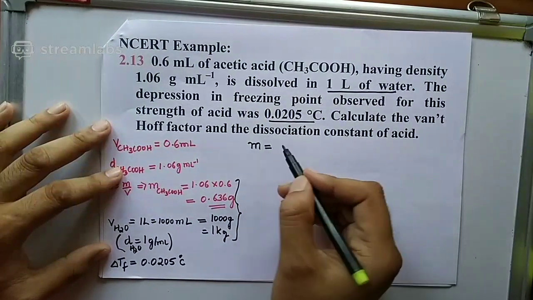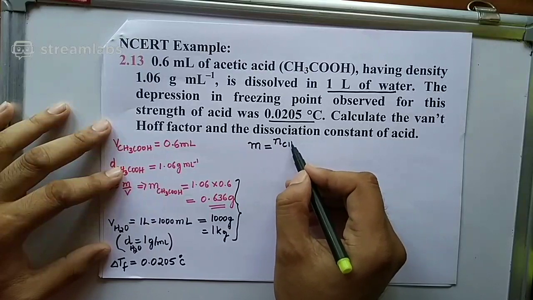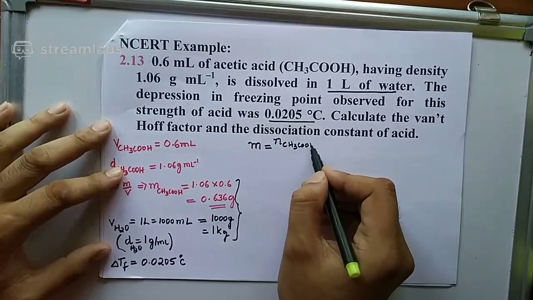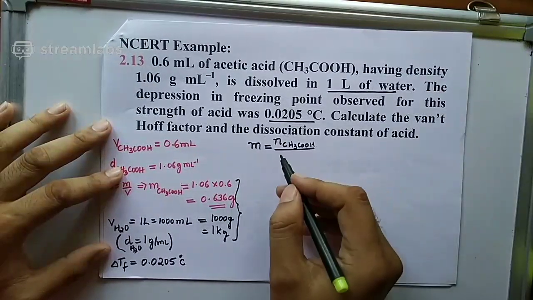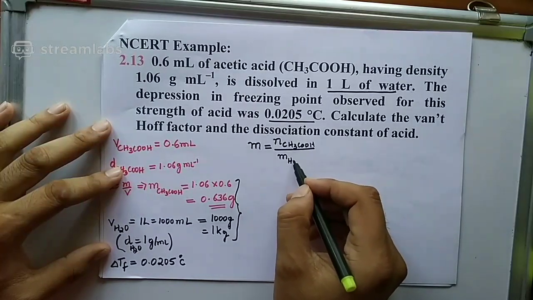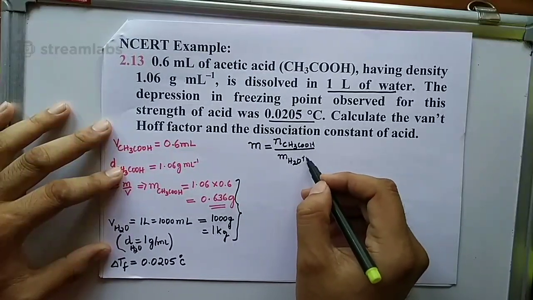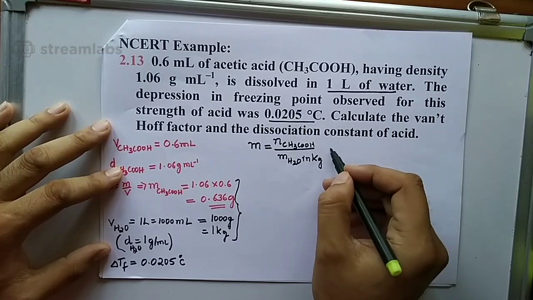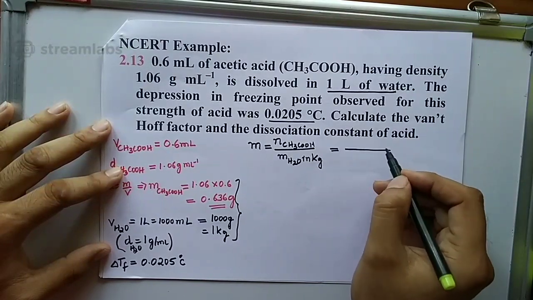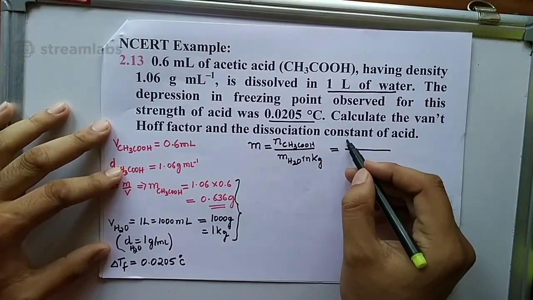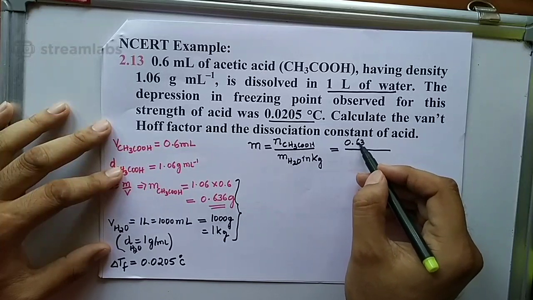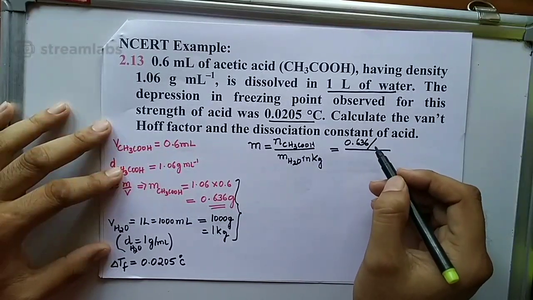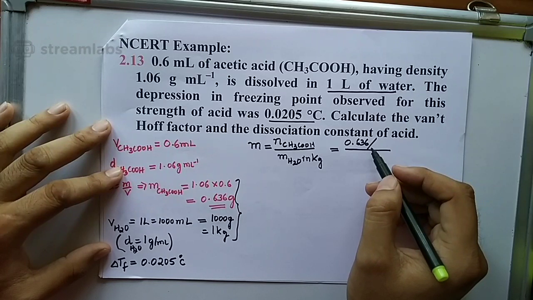From these two data, can we calculate the molality of the solution? Molality of a solution is equal to the number of moles of acetic acid divided by the mass of solvent in kg. The solvent here is water. So the number of moles of solute is the given mass, 0.636, divided by the molar mass of acetic acid, which you can easily calculate.